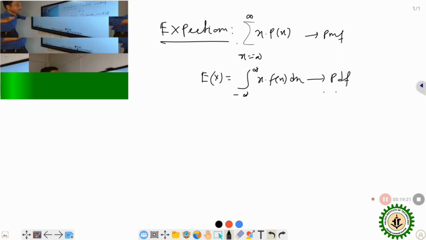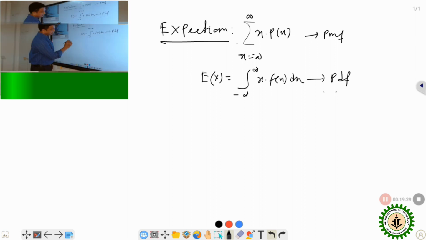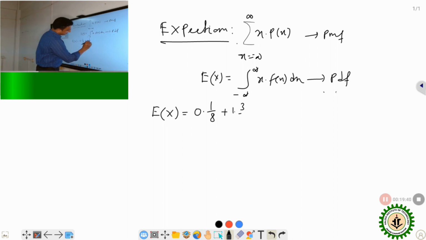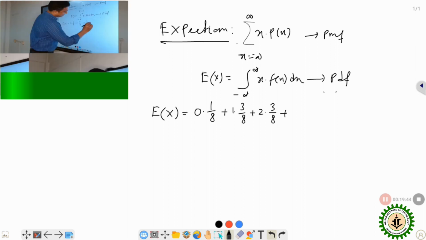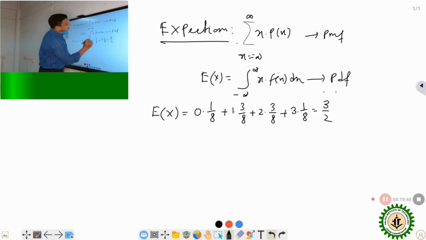So E of x means the values weighted with their probabilities. So if we go for the same example, tossing of 3 coins, then expectation of x equals, look at this, first one is 0 and its probability is 1 by 8, 1 with 3 by 8, 2 with 3 by 8, and 3 into 1 by 8. You will get 12 by 8, which is 3 by 2.